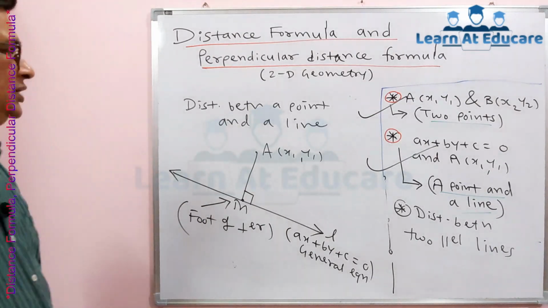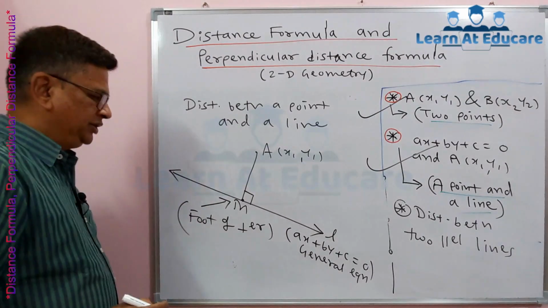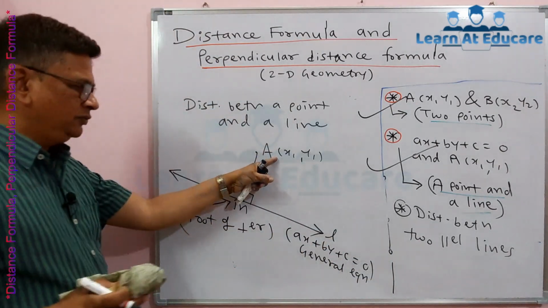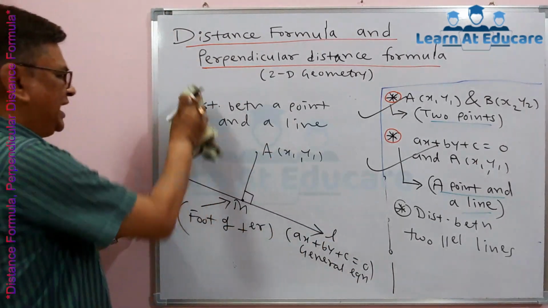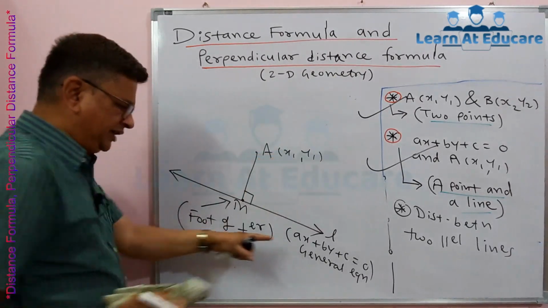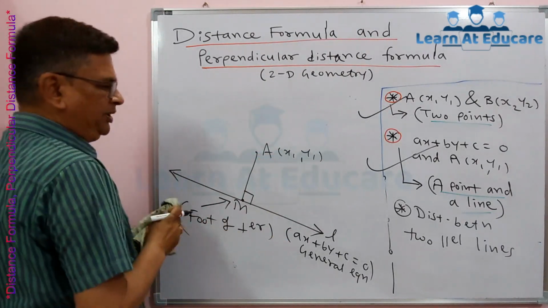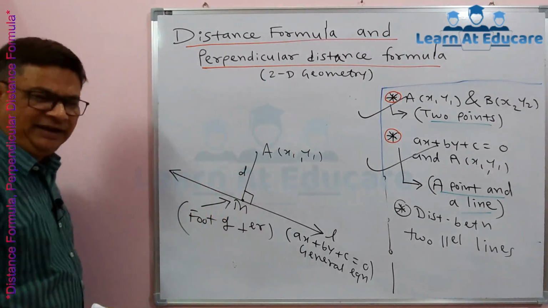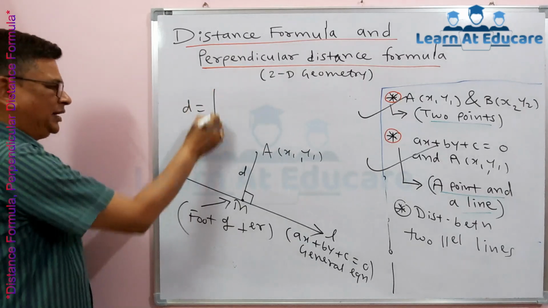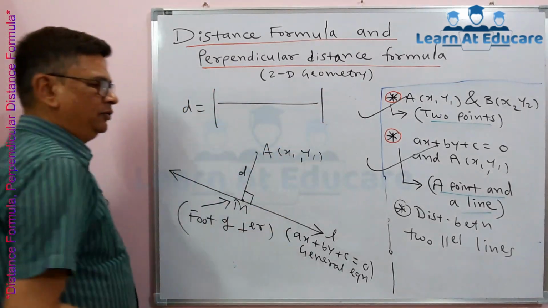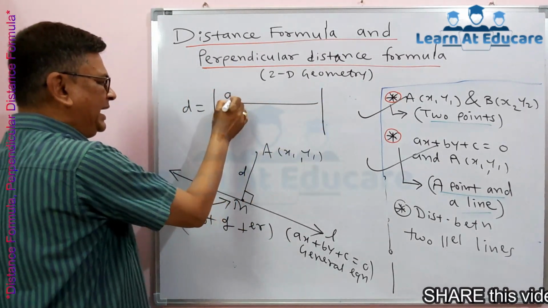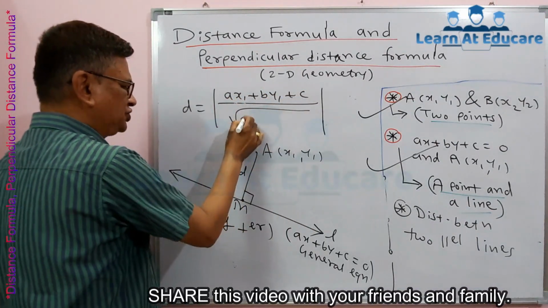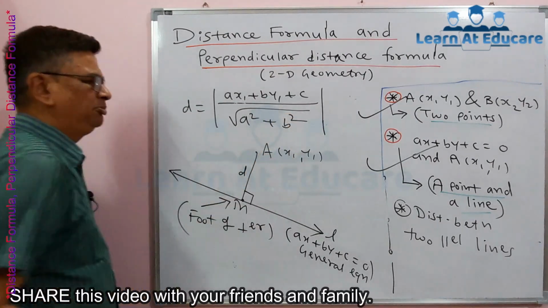Now we come to the formula called the perpendicular distance formula. If the situation is a point with coordinates x1, y1 and a line with the general equation ax plus by plus c equal to 0, then the perpendicular distance, denoted by d, is given by the mod of (a x1 plus b y1 plus c) upon the square root of a square plus b square.